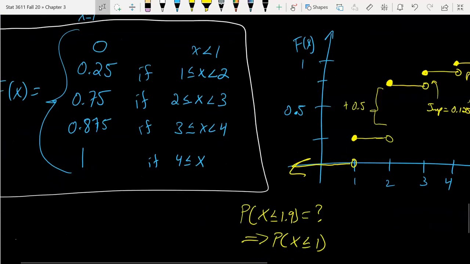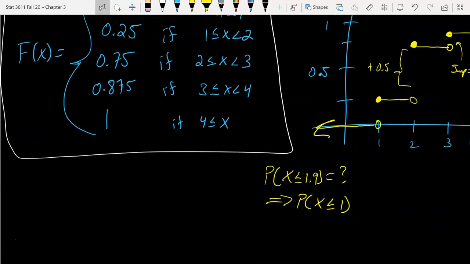What can get confusing here is people are like, what is this question about asking x being less than 1.9? Why is that not equal to 0? It's not equal to 0 because think about what this is asking. Let's apply a question, like the number of heads you're getting.